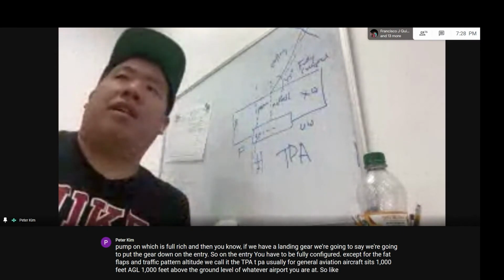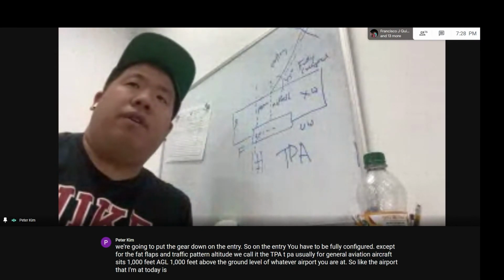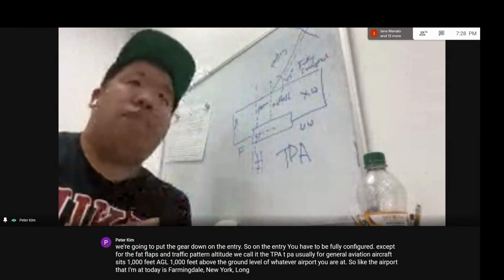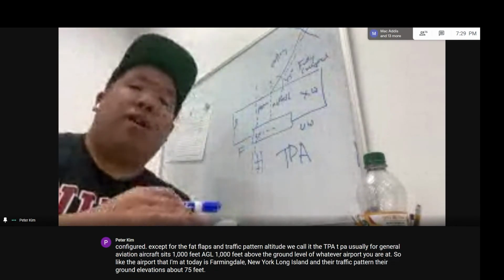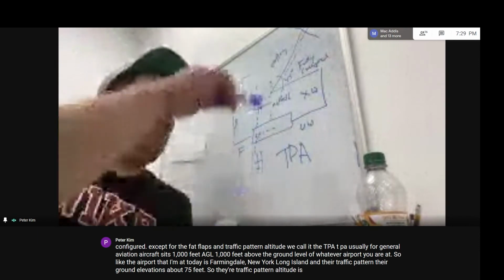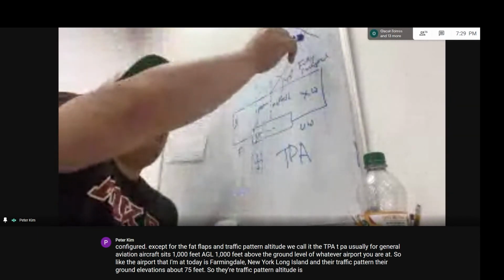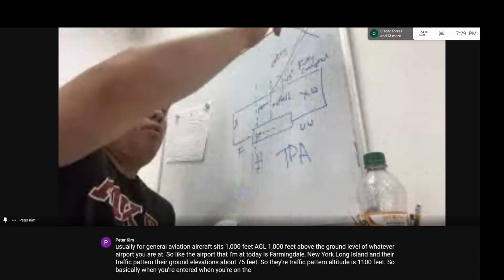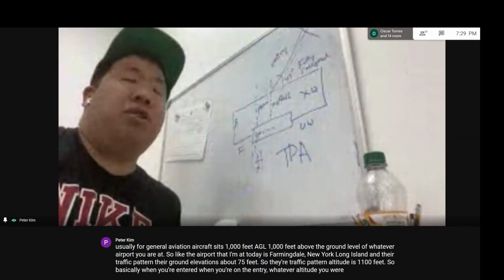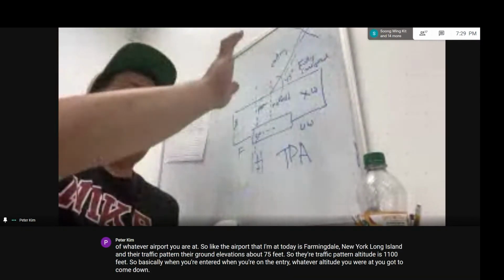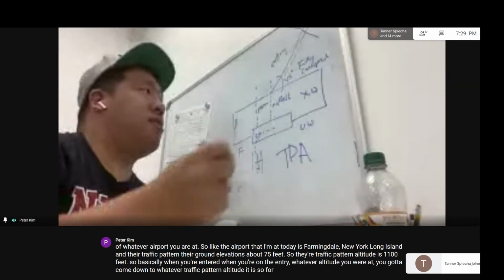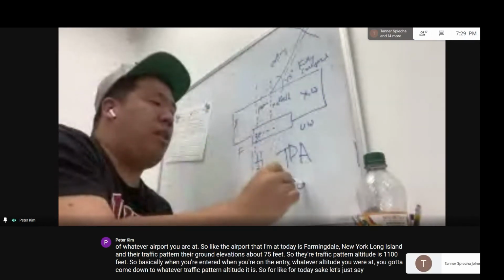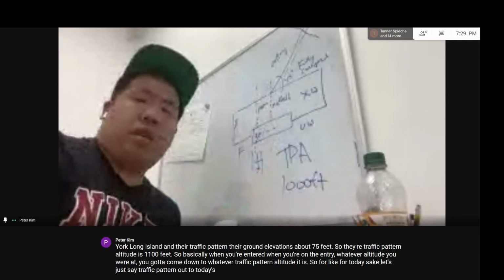The airport that I'm at today is Farmingdale, New York, Long Island, and their ground elevation is about 75 feet, so their traffic pattern altitude is 1,100 feet. Basically, when you're on the entry, whatever altitude you were at, you have to come down to whatever the traffic pattern altitude is. So for today's sake, let's just say traffic pattern altitude is 1,000 feet. Okay.